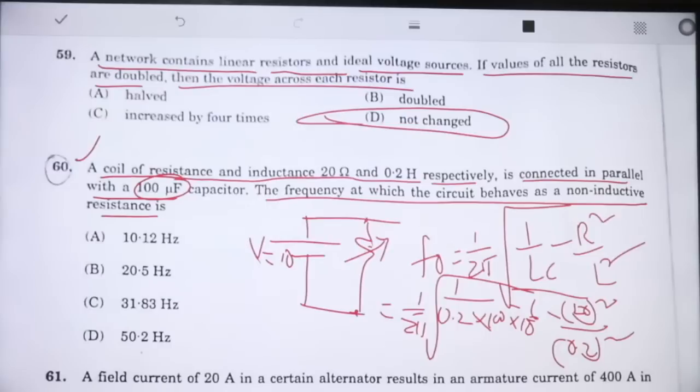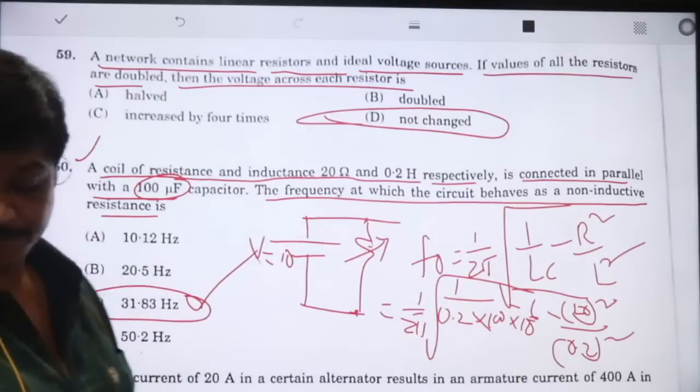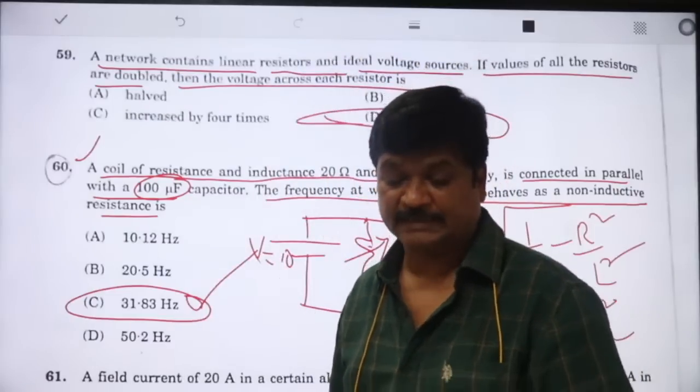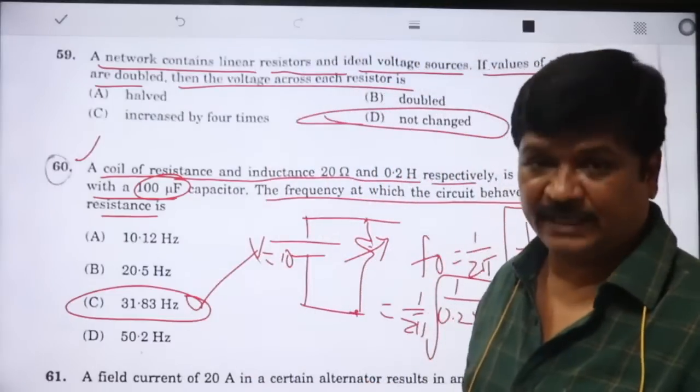If you substitute all these, you get 31.83 hertz. Yeah, exactly, 31.83 hertz.